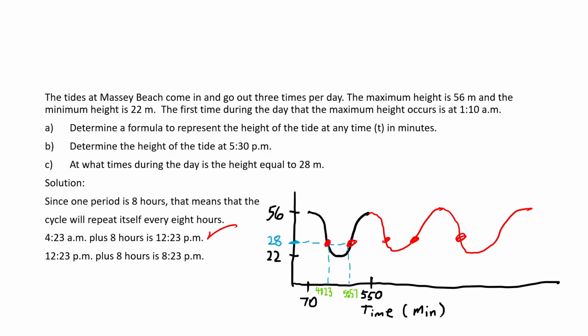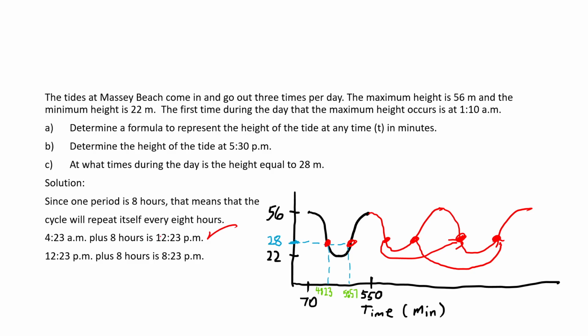From right here to right here is going to be exactly 8 hours because we're at the same point in the cycle heading down. And similarly, from this point right here to this point right here is going to be exactly 8 hours because we're at the same point in the cycle heading up.